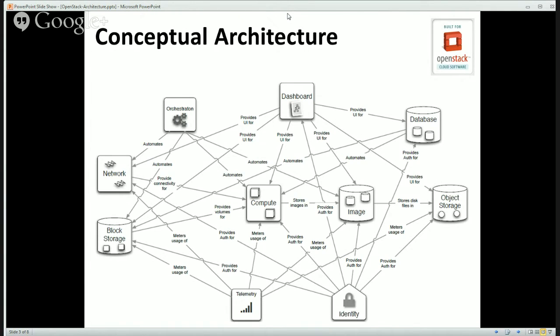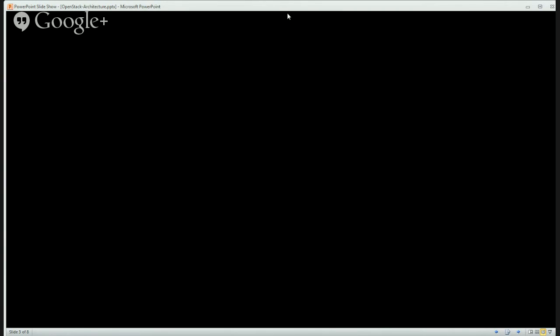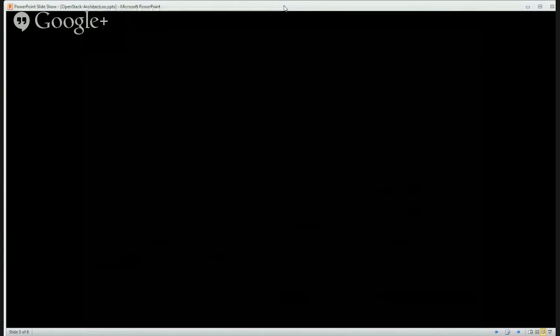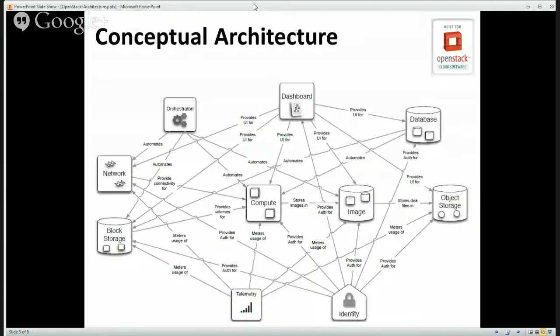Don't be worried about the graphical. If you look at this picture, all of these different blocks represent a unique project that we discussed in the last session. On the top, we have the dashboard project, which is nothing but Horizon. And at the bottom, we have the identity project, which is our Keystone.